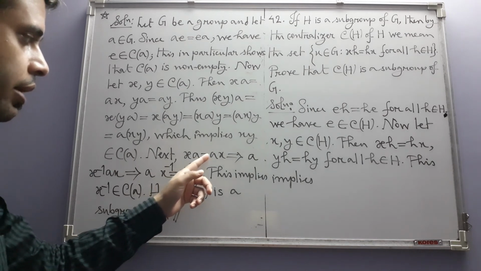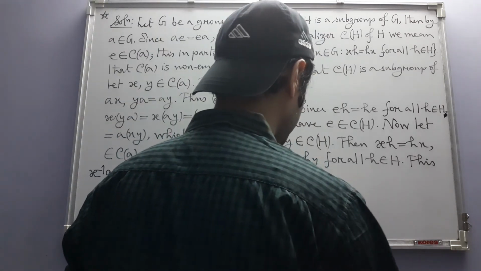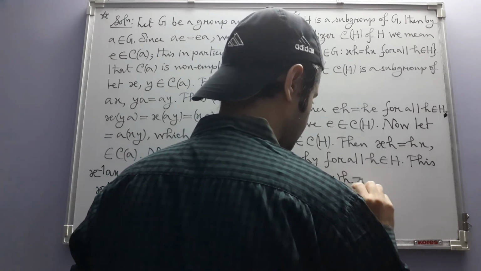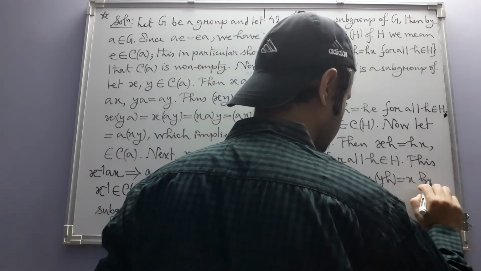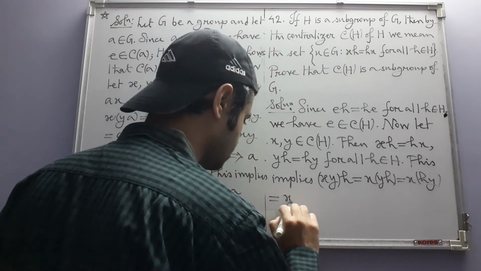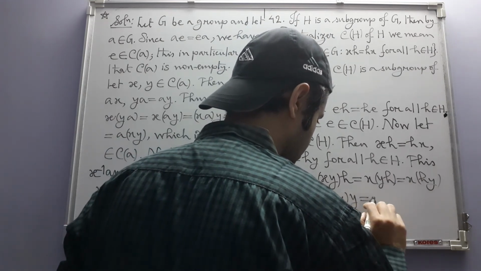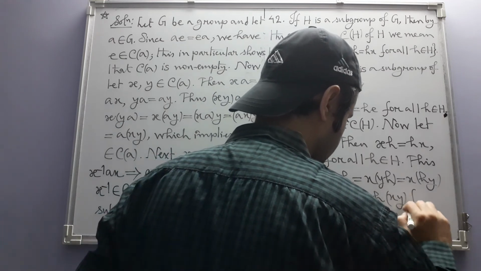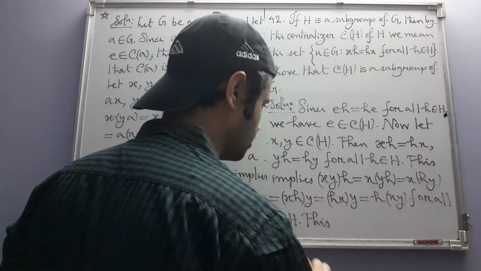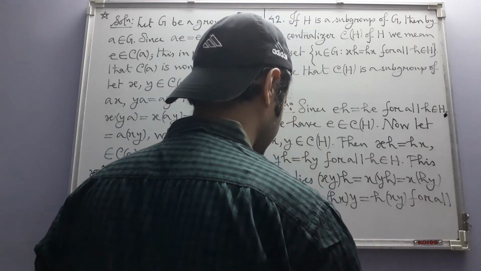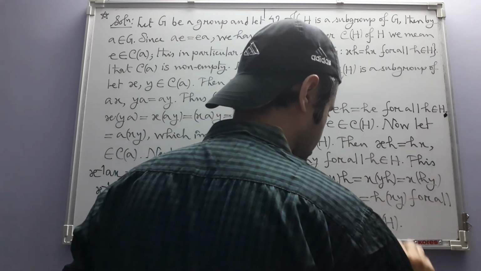The only difference is that here we had a single element A, here we are having all the elements h of capital H. This implies XYh is equal to XhY, that is equal to hXY, for all h belonging to H. This implies, or we can just simply write hence, XY belongs to C(H).